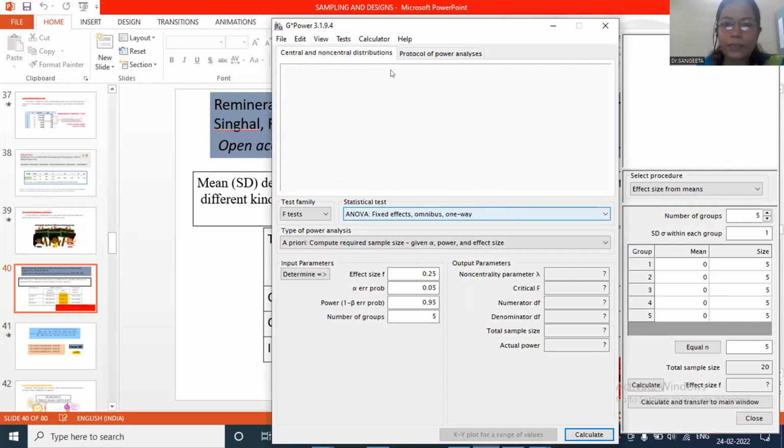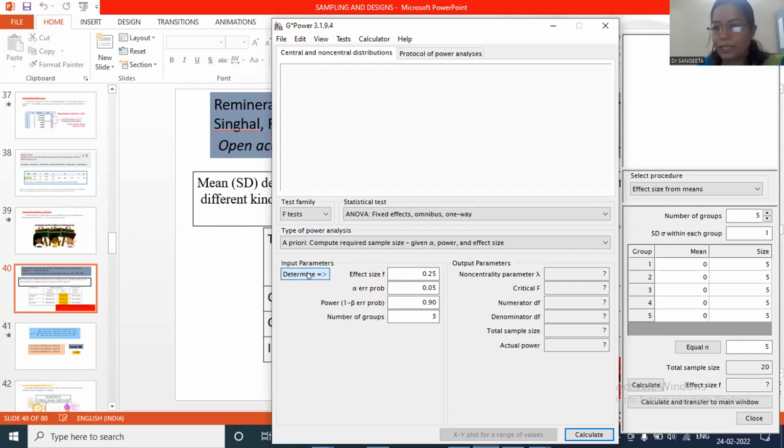Everybody got that? So out of the various ANOVAs, I've selected the one independent factor ANOVA. So effect size, probability, power, we'll fix it this time to say 90. Okay. And number of groups. In the current study, we had 3 groups. Okay.